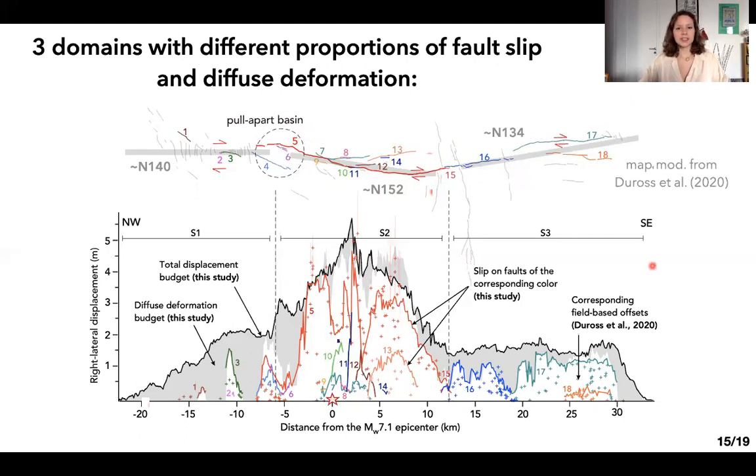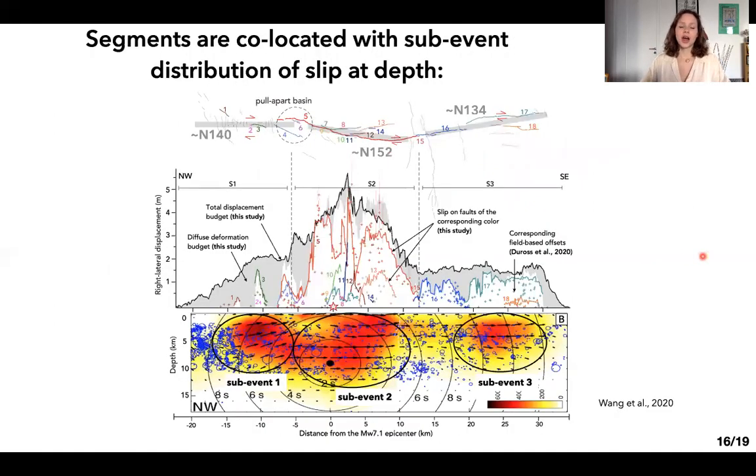And so we propose that there is a segmentation of the rupture and that each fault segment has different characteristics of displacement pattern. When you compare to the distribution of slip at depth that we know from kinematic inversions, we also find this same segmentation at depth. So this is an example of slip distribution from Wang et al., but this pattern is also found in other models.